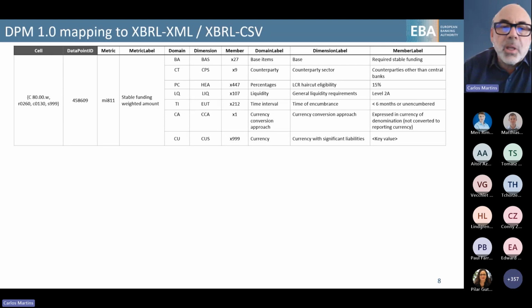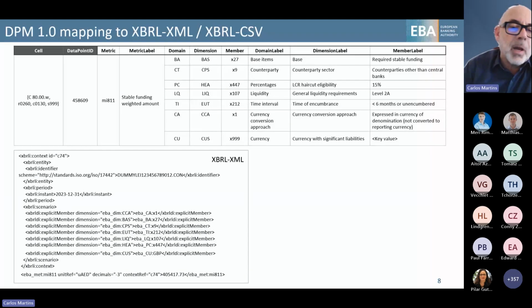Now, when we look at how this data point is reported with its value using XBRL XML, it looks just like this. This is the code that defines the fact value reported for this specific data point of this cell.